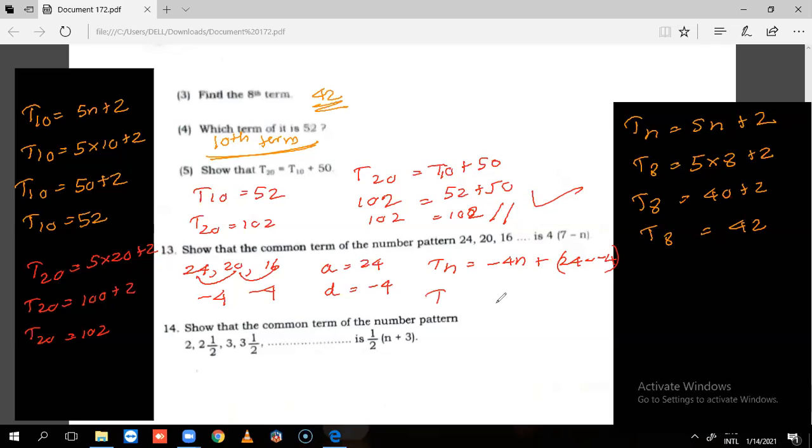Tn equals minus 4n, and minus 24 minus 4 gives 28, since minus into minus is plus.